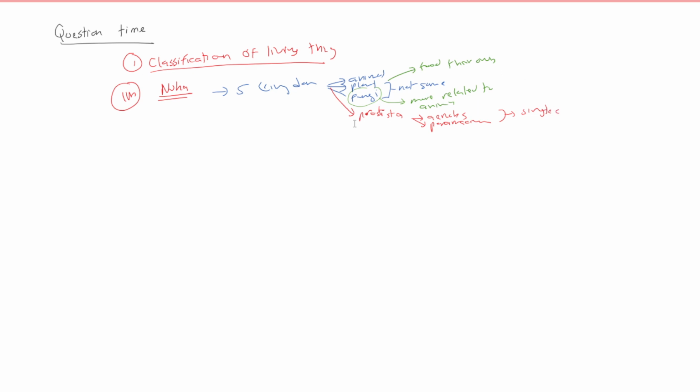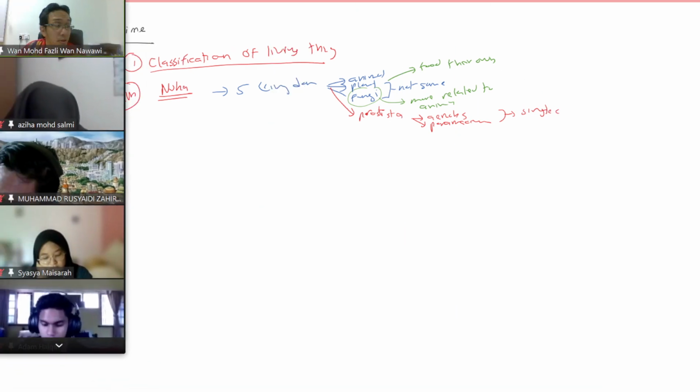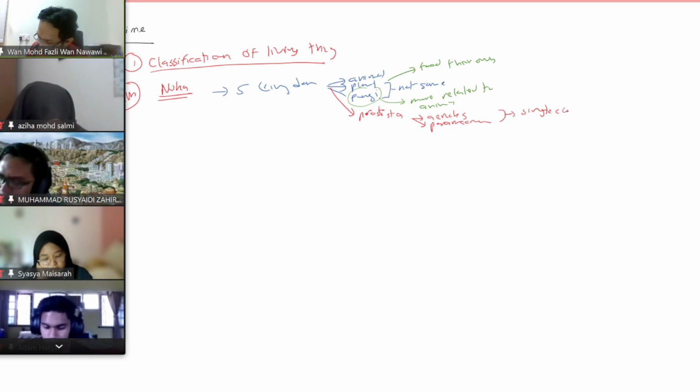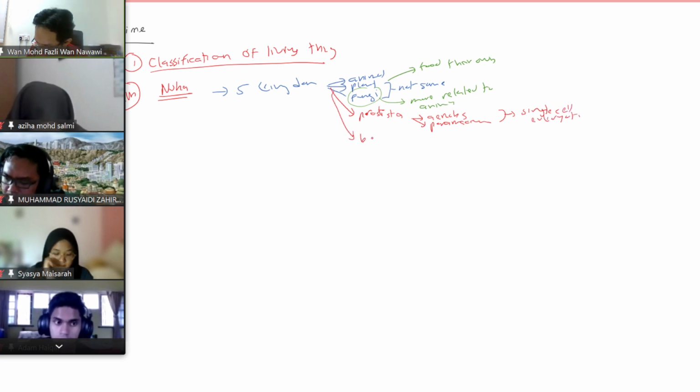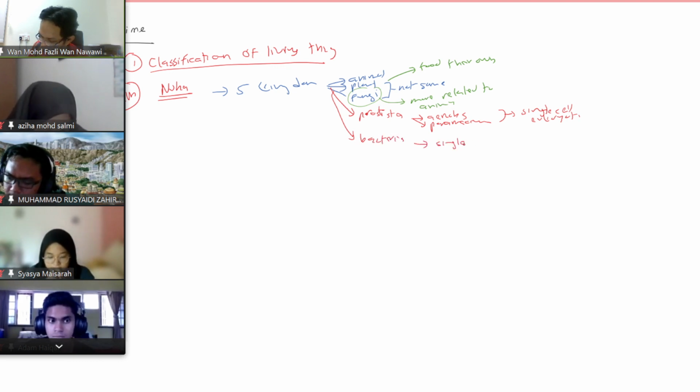The fifth is bacteria. Bacteria are single-celled, where the nucleus is not enclosed, so it moves freely, compared to protista, where it is enclosed.